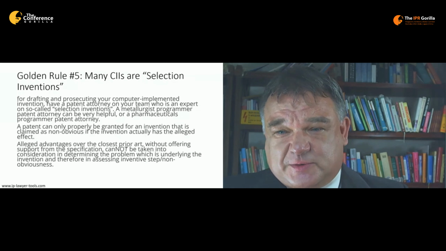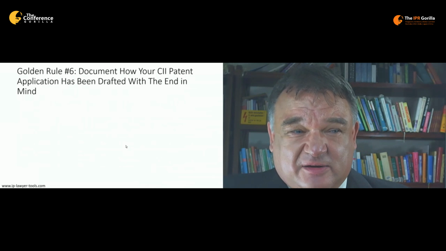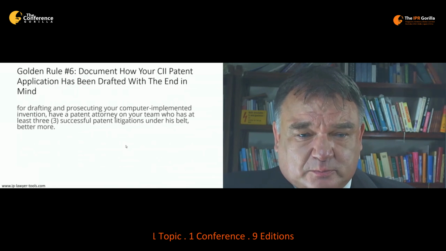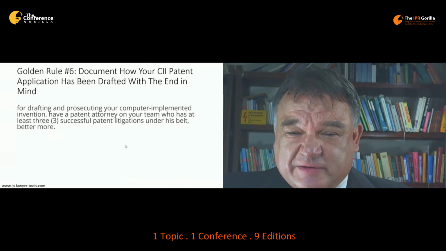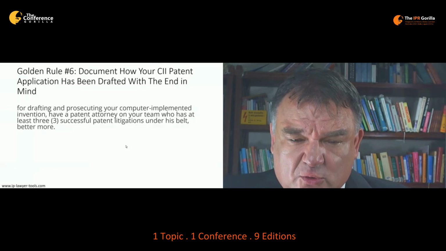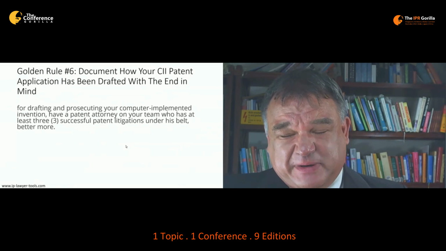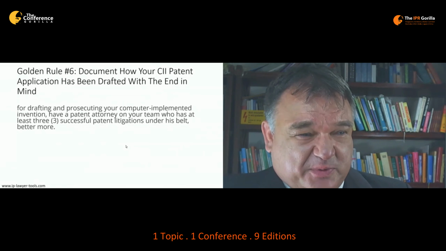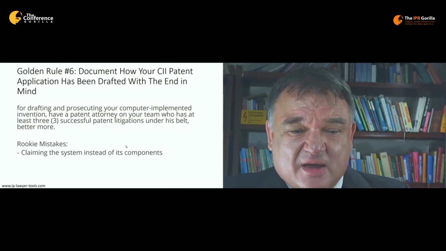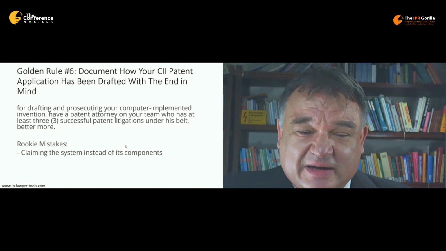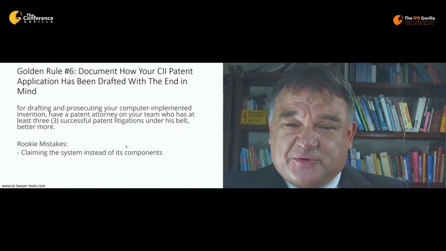Golden rule number 6. Document how your CII patent application has been drafted with the end in mind. And for drafting and prosecuting your computer-implemented invention, you should have a patent attorney on your team who has at least 3 successful patent litigations under his belt, better more. And I tell you this because I see the same rookie mistakes over and over again, right? For example, someone claims the entire system that does something instead of its components.